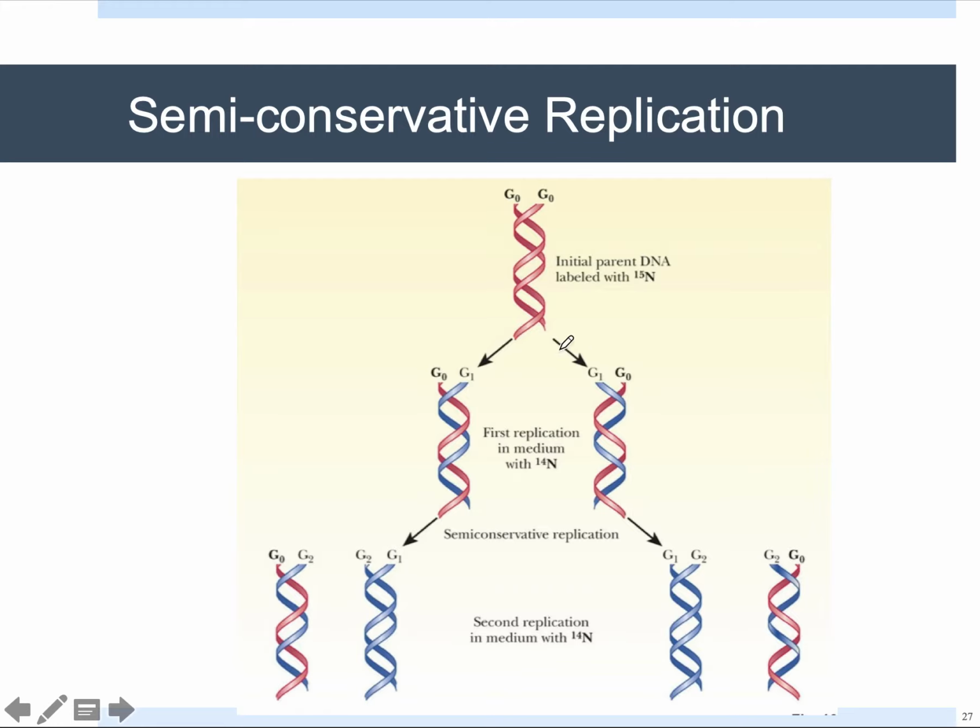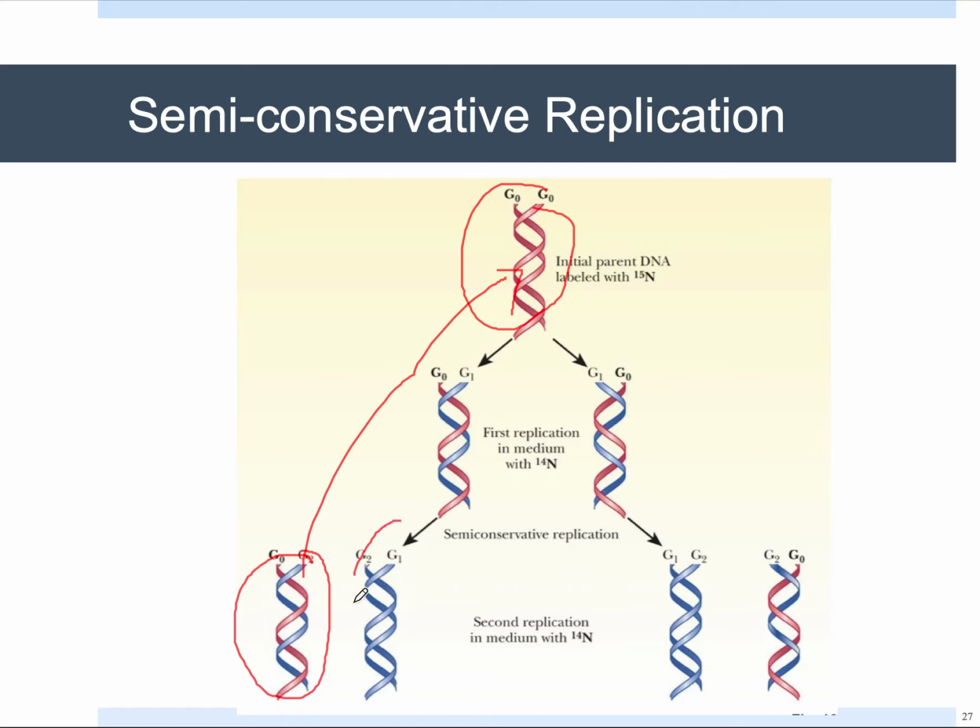The same concept is done here. That's the parent, the offspring will have. And in the next generation, you would notice that half of the offspring will have half of the grandparent genetic material, and the other half would have just copies of the parent.